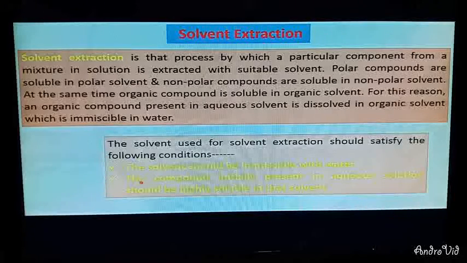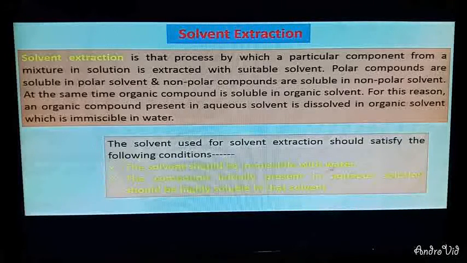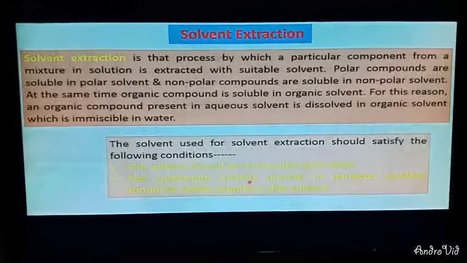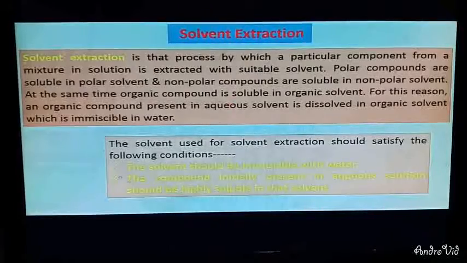The second condition is that the compound initially present in the aqueous solution, the water solution, should be highly soluble in that solvent. The component present in water must be highly soluble in that solvent if you want to separate it by using this solvent. So these are the conditions that must be satisfied by the solvent.